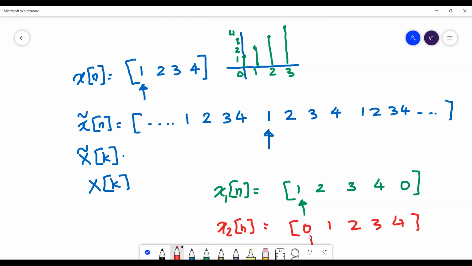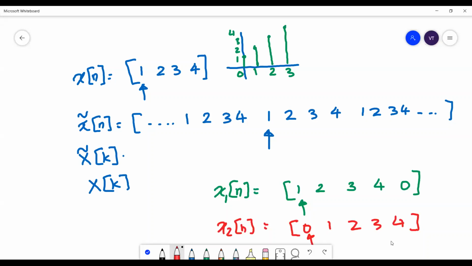Now what is this sequence? What is the additional information that you get? Do you think that you have made any change to the signal when you went from x of n to x1 of n, and when you went from x of n to x2 of n? I am only asking you to make an intelligent guess.